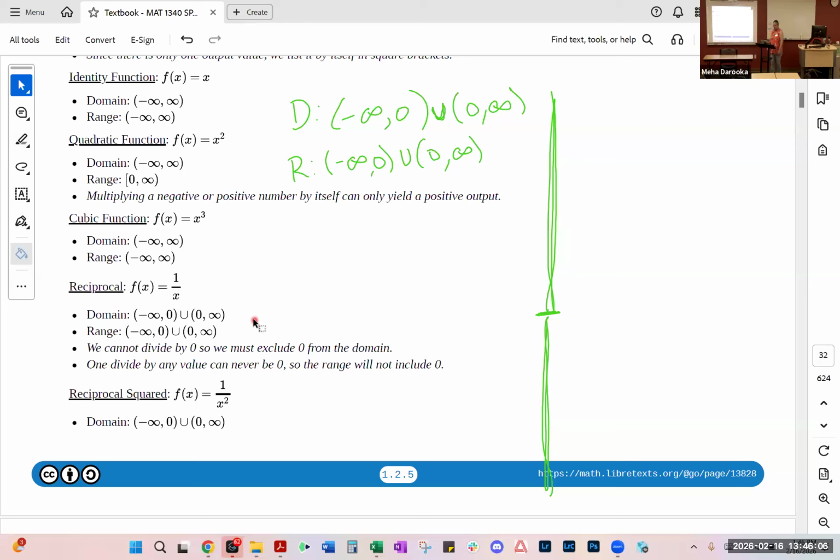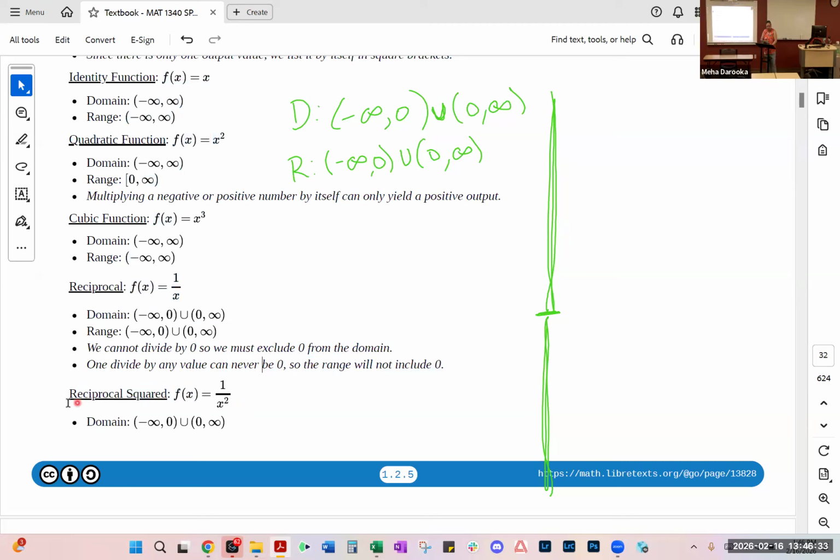So we cannot divide by 0, so you have to exclude 0 from the domain, and 1 divided by any value can never be equal to 0, so we know the range will not include 0, because if you divide 1 by any number, you're going to get an answer, right? You're not going to come up with 0 as the answer. So that's why we know for the range also you're not including 0.